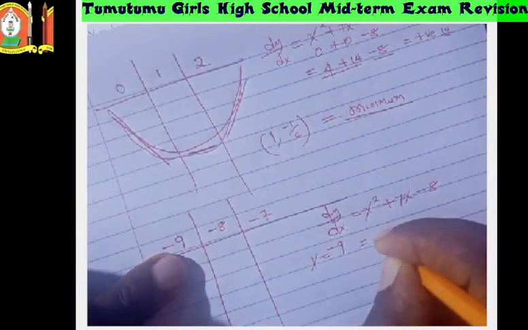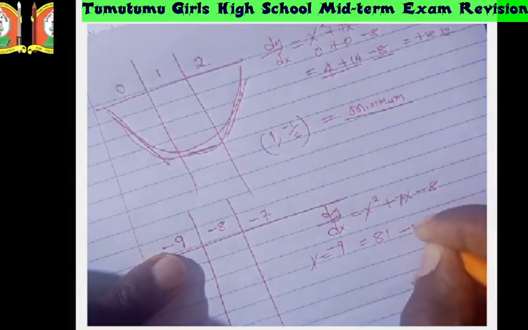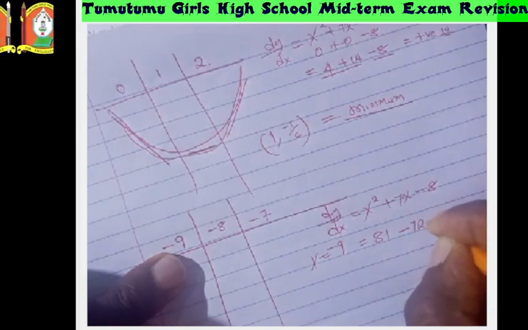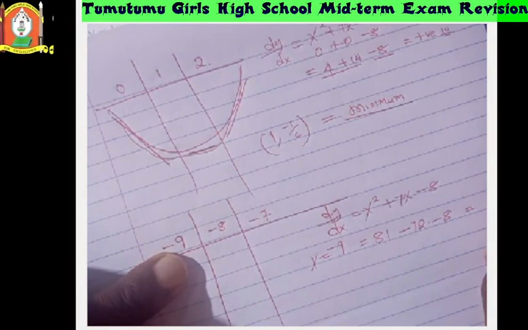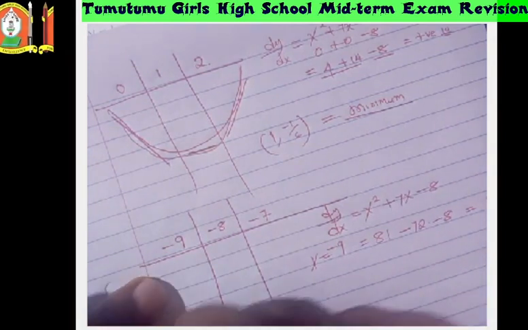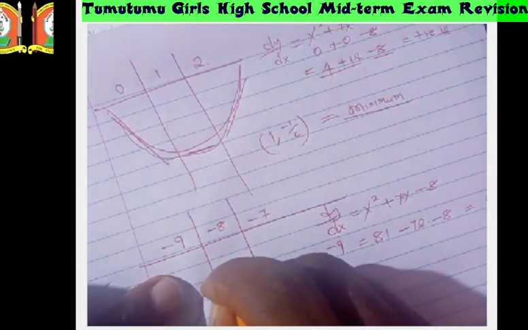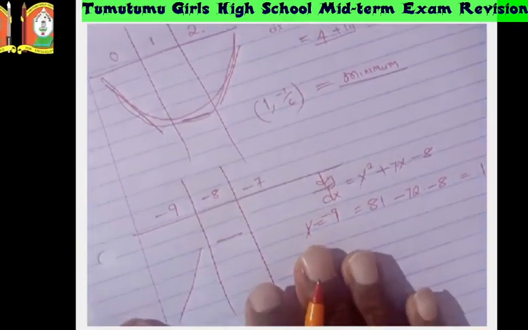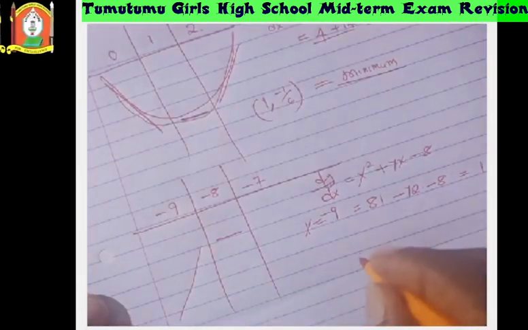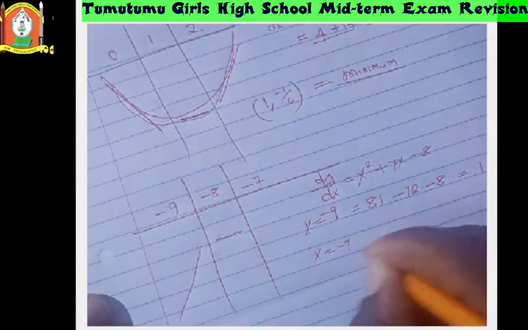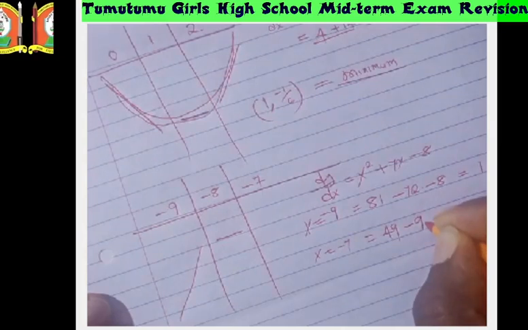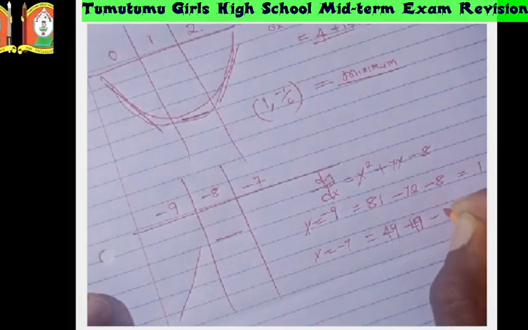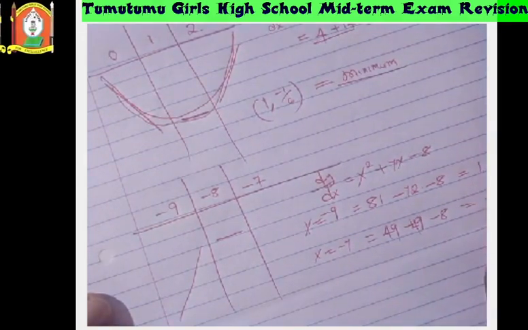This gives us 81 minus 63 minus 8, which is positive. Then we substitute x equal to negative 7. This is 49 minus 49 minus 8, negative 8.